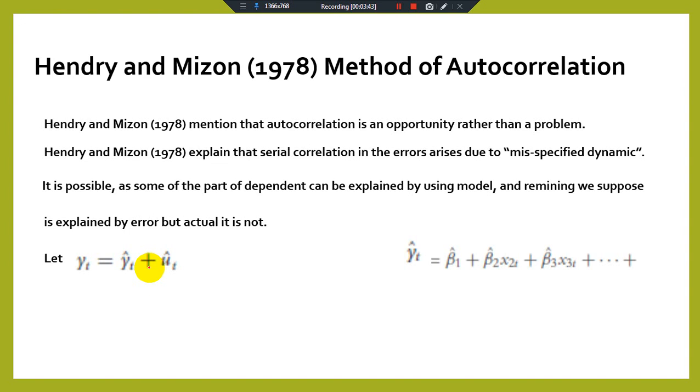As we know, this y_t depends upon beta 1 hat plus beta 2 x2t plus beta 3 x3t, and so on. So a number of independent variables decide the value of the explained variable.